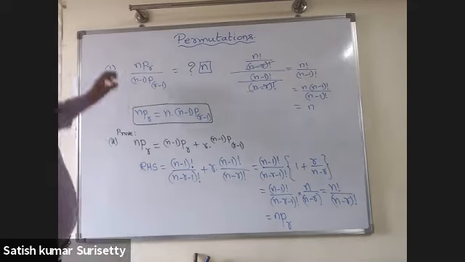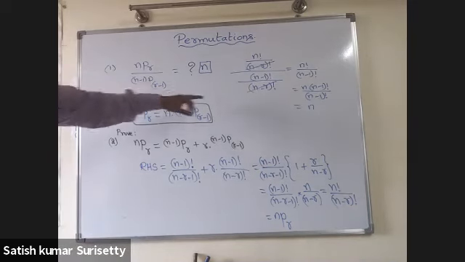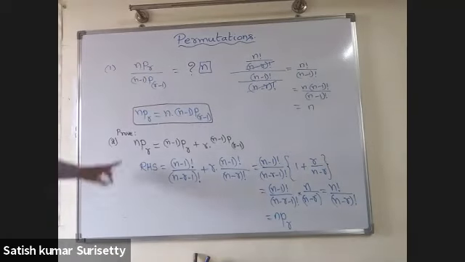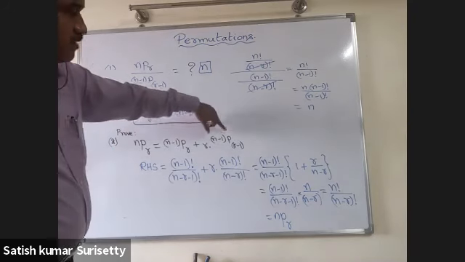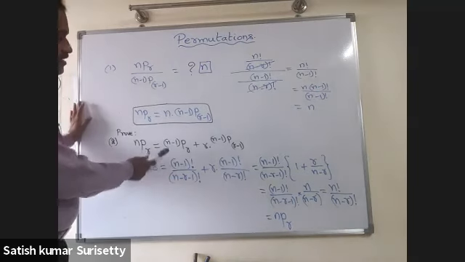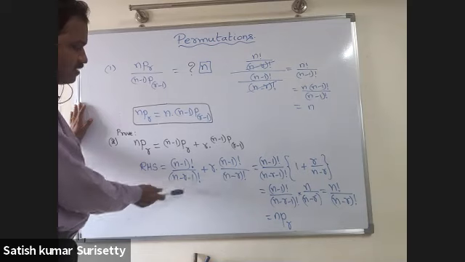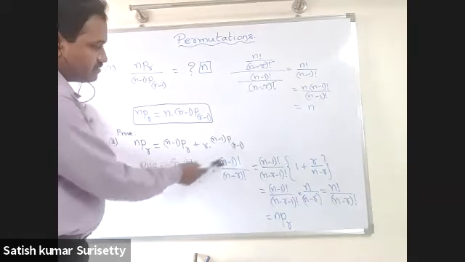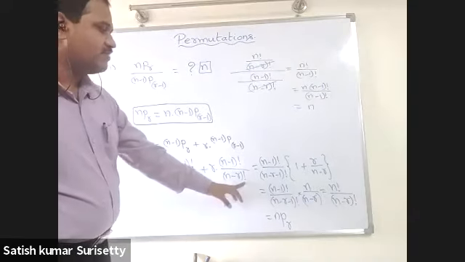So in the first one, nPr upon n minus 1 P r minus 1, we have simplified and this equals n. Now here nPr equals n minus 1 Pr plus r into n minus 1 P r minus 1. Take the right hand side and apply the definition: n minus 1 factorial upon n minus 1 minus r factorial, which is the same as n minus r minus 1 factorial, plus r into n minus 1 factorial upon n minus 1 minus r plus 1, so n minus r factorial.